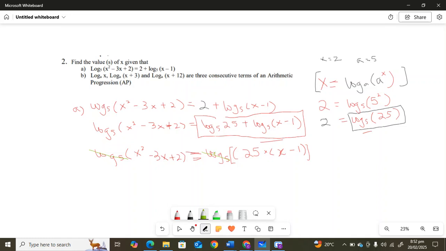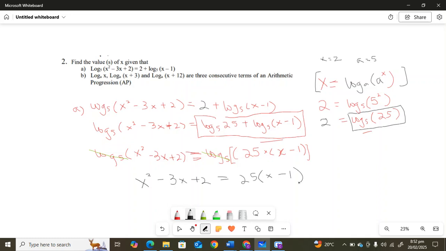So once we get rid of these logs, what we will remain with is now x squared minus 3x plus 2 equals 25 (x minus 1).